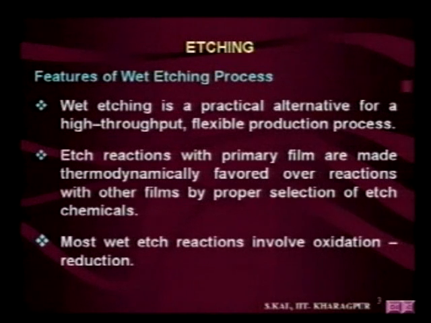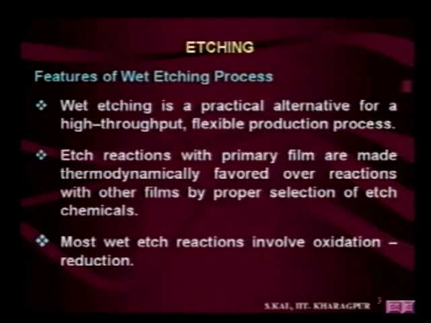Wet etching is a practical alternative for a high throughput flexible production process. High throughput is an important point. Why is it an important point? Because in any production level, commercial production industry, if the throughput is not high, it is not economic. And in wet etching, you can perform in a batch.